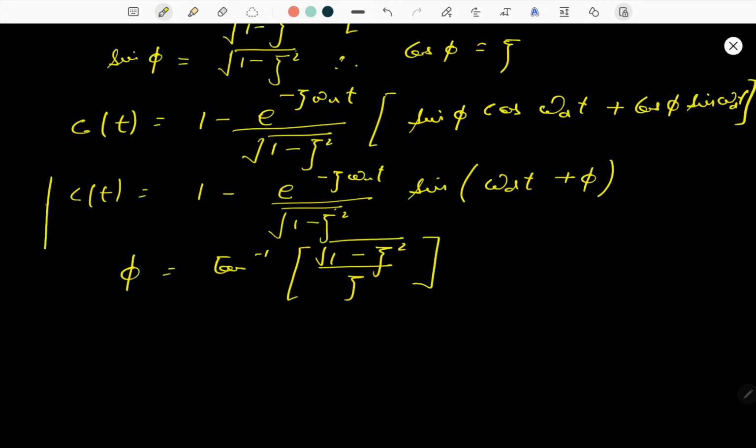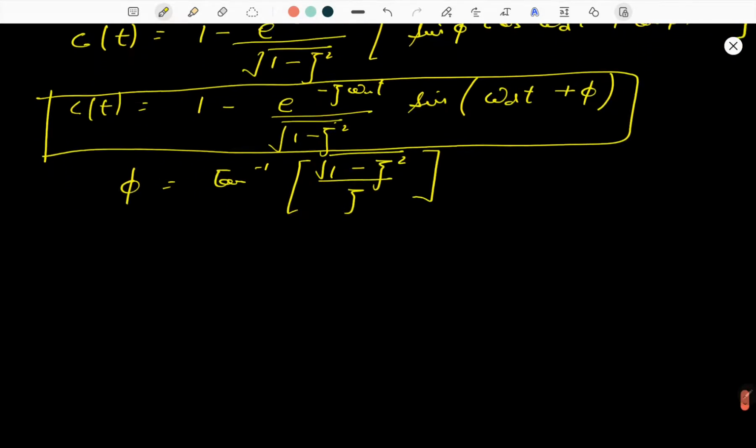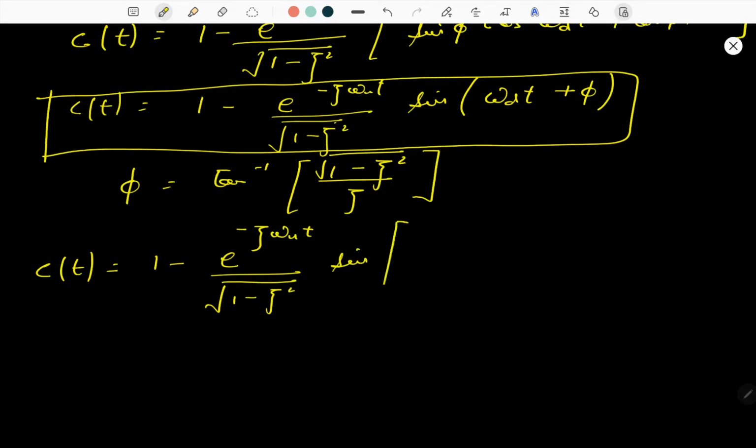All right, so we can rewrite this equation as below. c(t) will be equal to 1 minus e to the power minus zeta omega n t upon under root of 1 minus zeta square, sine of omega n under root of 1 minus zeta square t, okay, plus tan inverse of under root of 1 minus zeta square upon zeta.